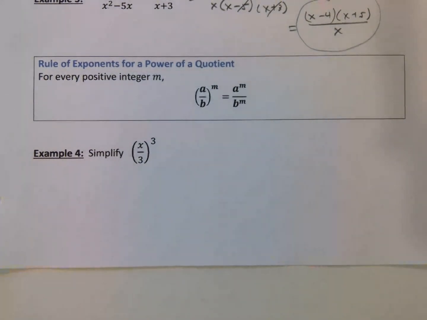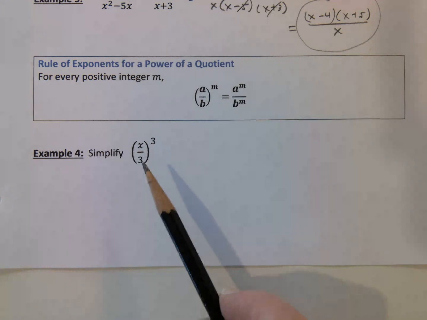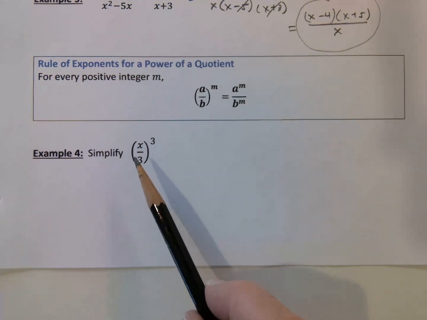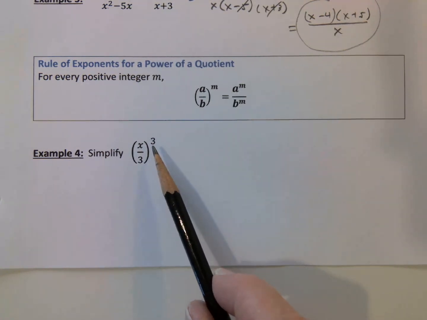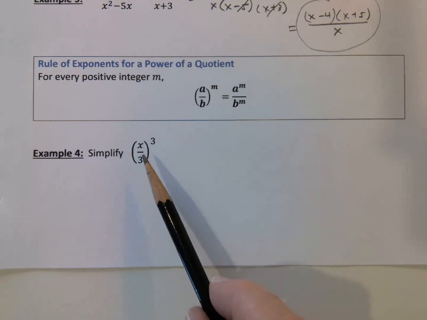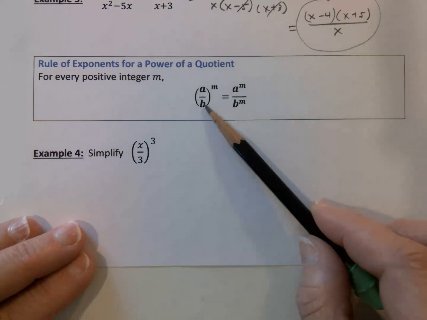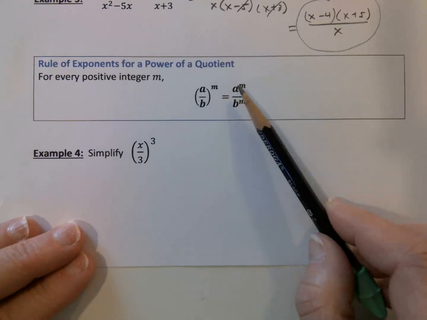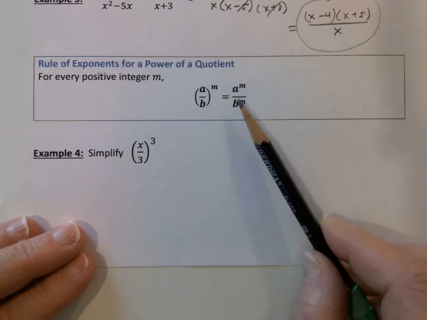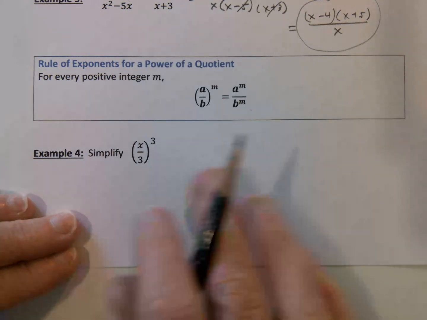All right, now we're going to look at the rule of exponents for a power of a quotient. Basically, as we talked about before, if you have something in parentheses and an exponent on the outside, every single thing within the parentheses is raised to that exponent. So if I have a over b raised to the m power, that's the same as a to the m power over b to the m power. So let's look at this.